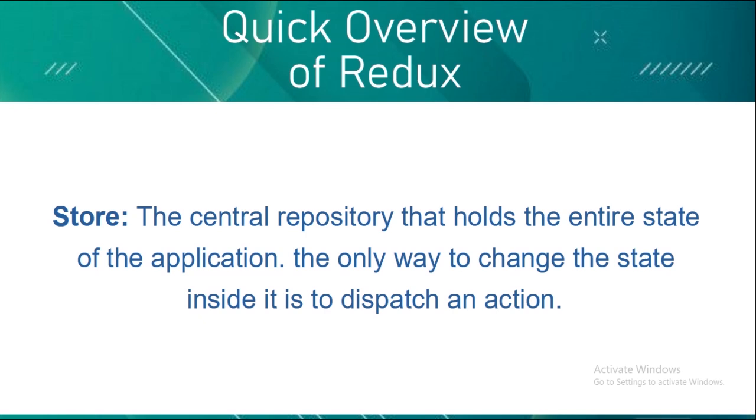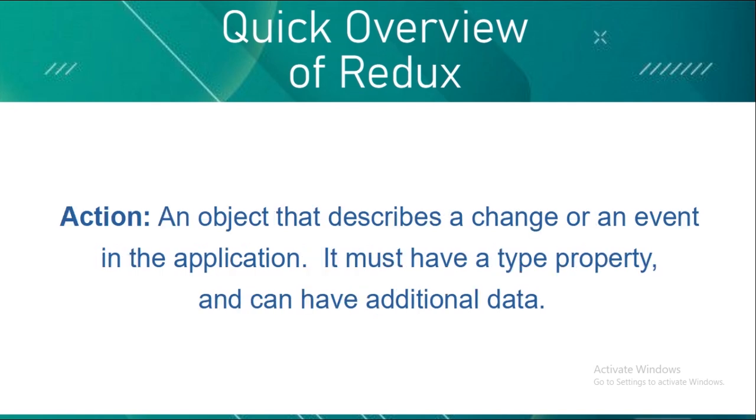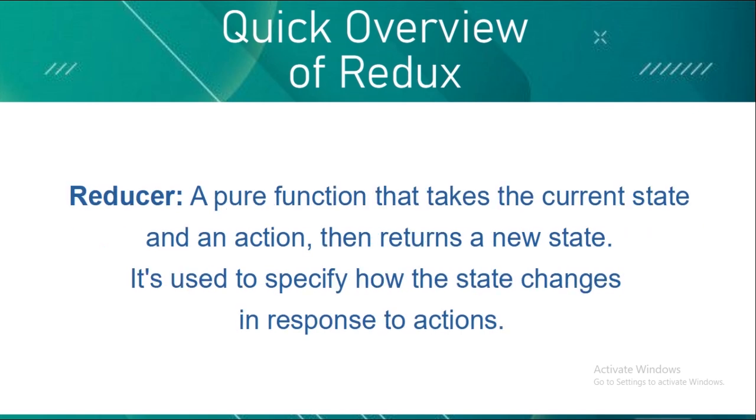The store is the central repository that holds the entire state of the application. The only way to change the state inside it is to dispatch an action. An action is an object that describes a change or an event in the application. It must have a type property, and can have additional data.